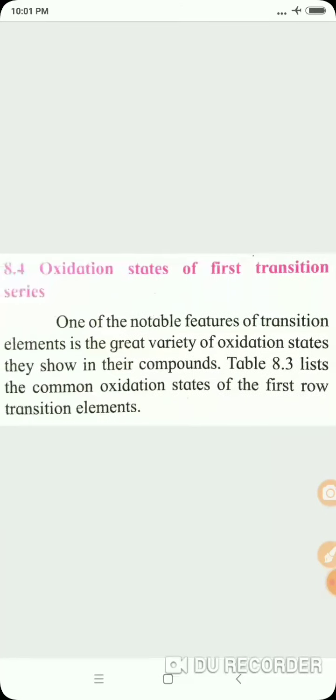So how do the transition elements form various oxidation states? The reason is that as the number of unpaired electrons in the 3d orbital increases, the number of oxidation states shown by the element also increases. That is, the number of oxidation states shown by the element depends upon the number of unpaired electrons present in the 3d orbital.